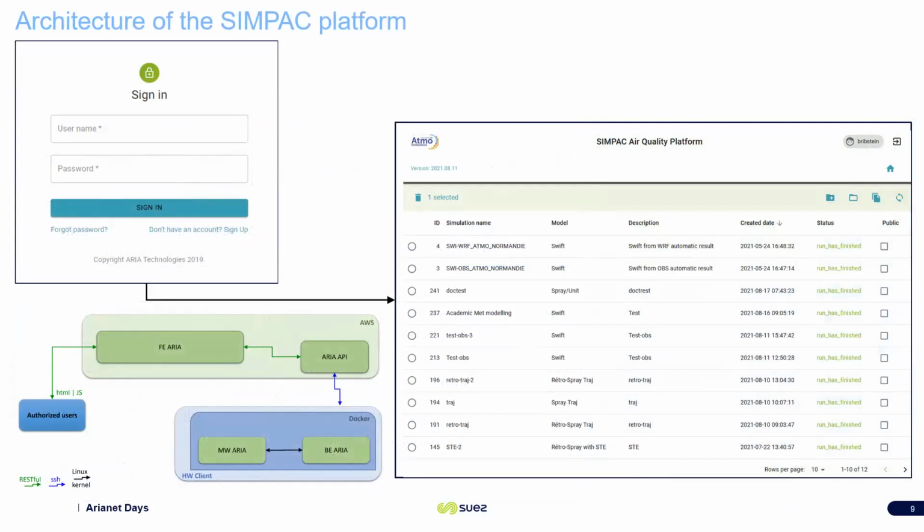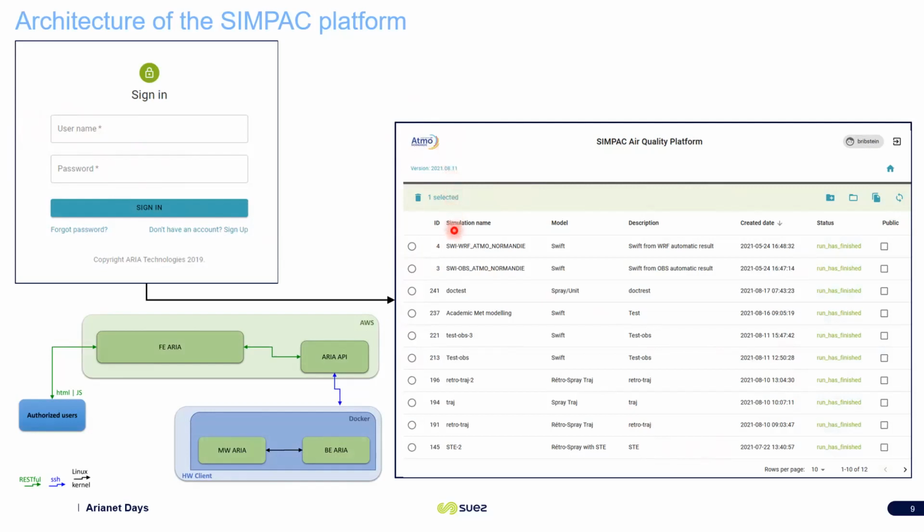So I will try to be short, but accessing the SIMPAC platform is possible through the connection to a web server. The user is then redirected to a dashboard corresponding to its platform, so Atmo Normandie here or Atmosud.